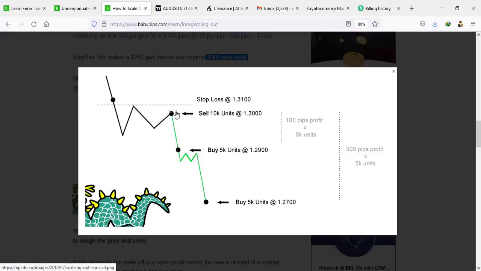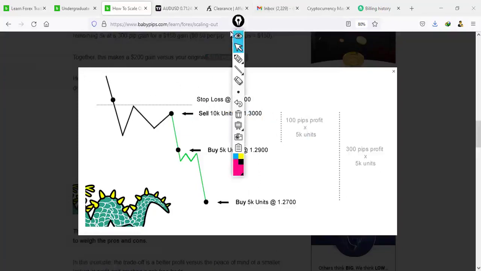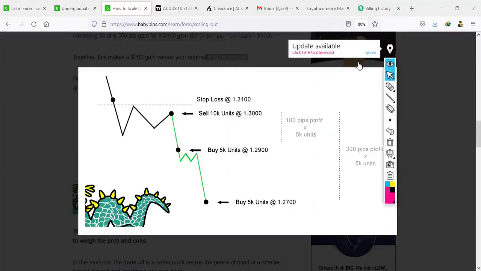Okay, so look at the chart here. Let me open my pen so that I can draw. So you took a trade at this level here, 1.3000, and your stop loss is here at the top. You enter your position here, you sold this market right now.